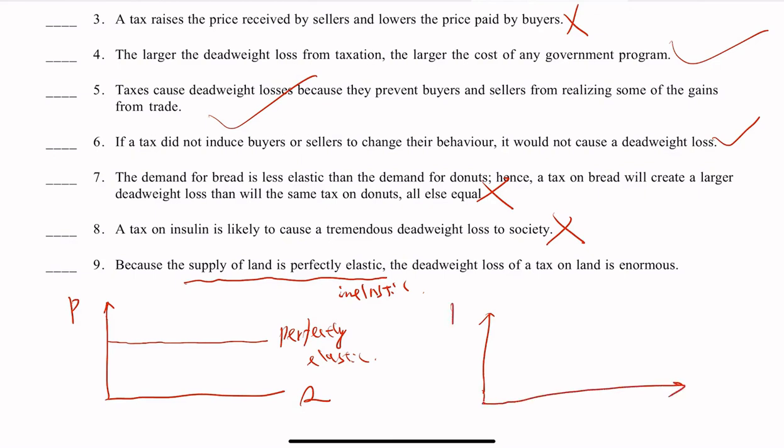However, we're talking about land supply here. A more widely used supply curve for land is a vertical curve, right? The reason is generally you can assume the quantity supplied for land is always fixed, no matter what the price is.